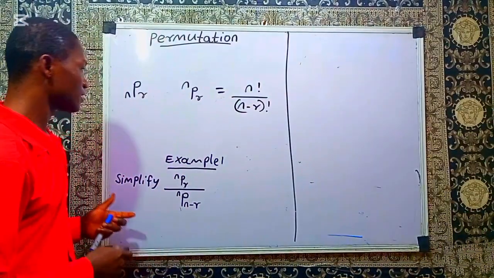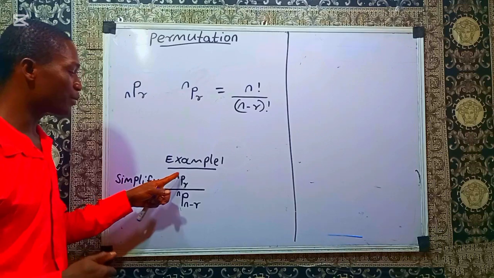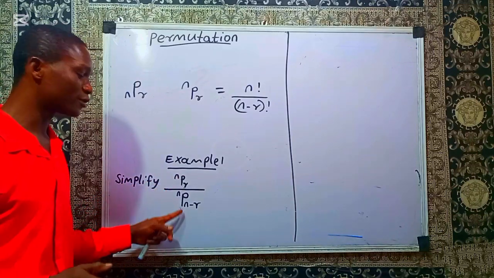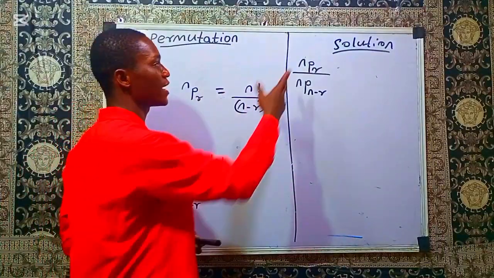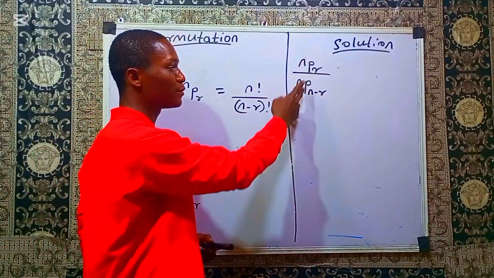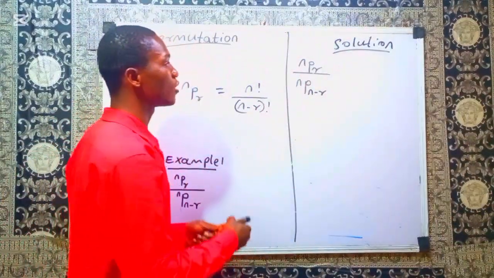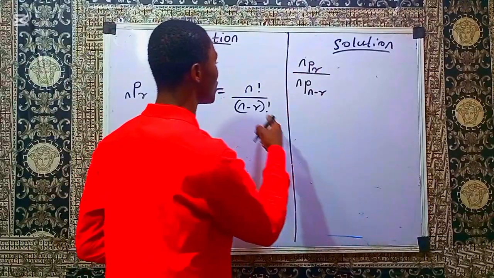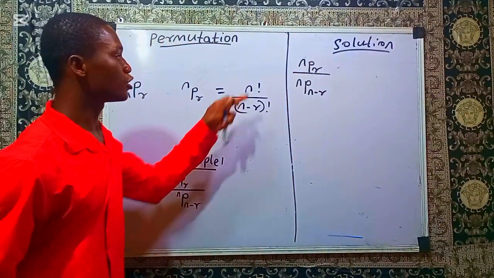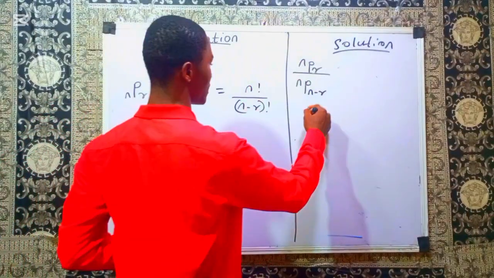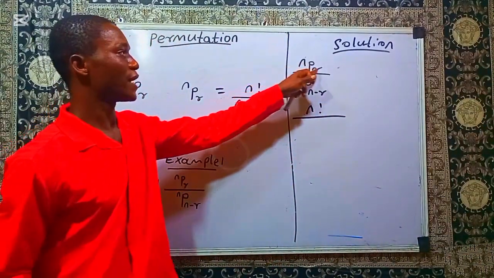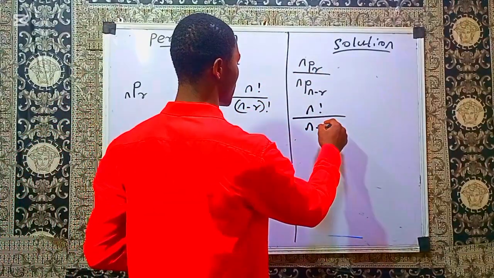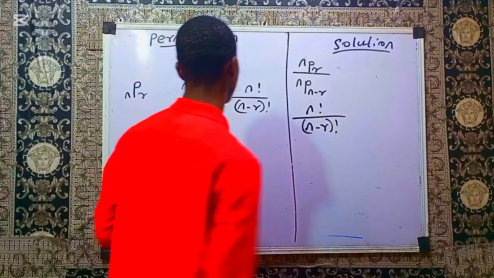So what we have here, we are asked to simplify n permutation r divided by n permutation n minus r. For the upper one, we have n permutation r. What is n permutation r? You are going to write n factorial, all divided by n minus r factorial, according to the formula.